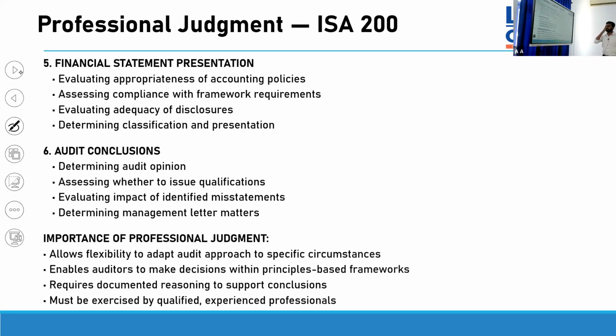Next one is financial statement presentation. In order to evaluate the appropriateness of accounting policies, as I mentioned earlier, we must use our professional judgment, right? Next one is audit conclusion. In forming the audit opinion also, we should use professional judgment, right?